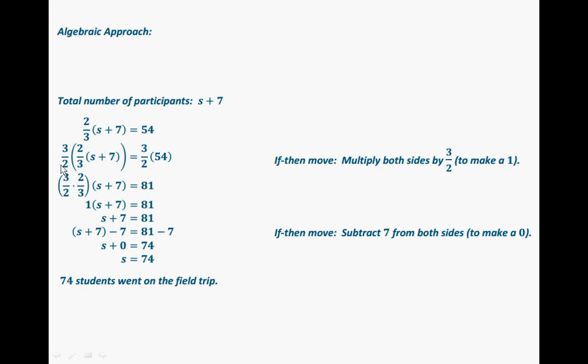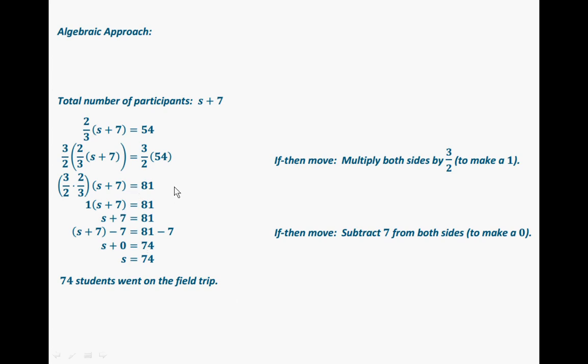That would be 3/2, which means we have to multiply this side of the equation by 3/2, and this is where we get 3/2 of 54. So now we get 1 times the quantity s plus 7 equals 81. S plus 7 equals 81, which means our next step is to subtract 7 from both sides, and that's where we get s is equal to 74. So 74 students went on the field trip.